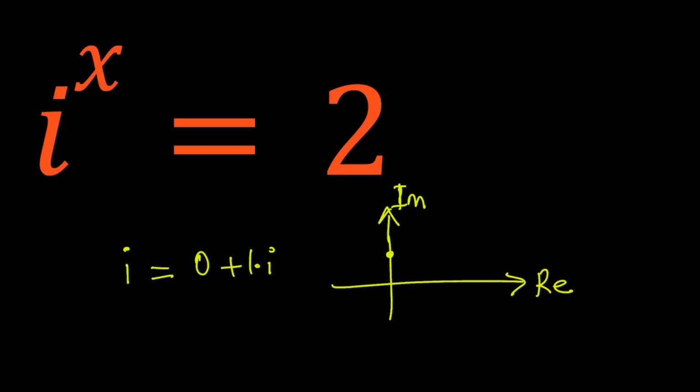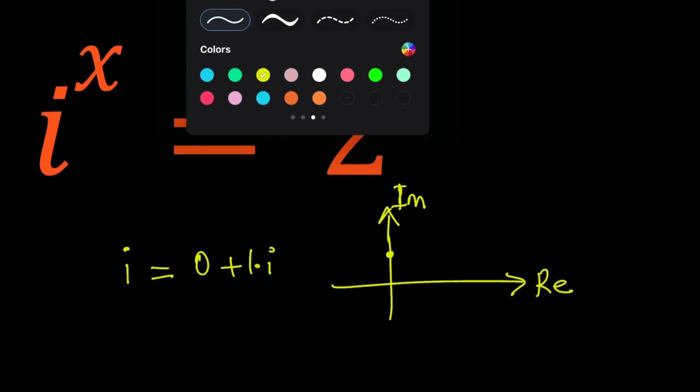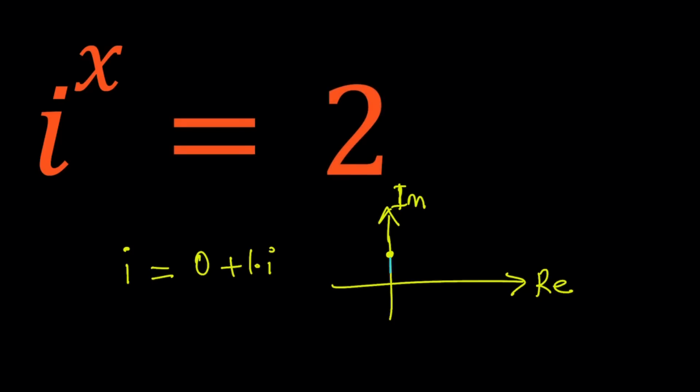Of course, we also have to consider the modulus, the distance from 0. For i, it is going to be 1. So r equals 1, and theta is the angle that the number makes with the x-axis, and that is going to be pi over 2 in this case.